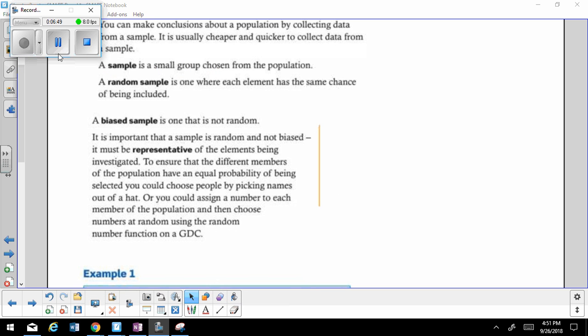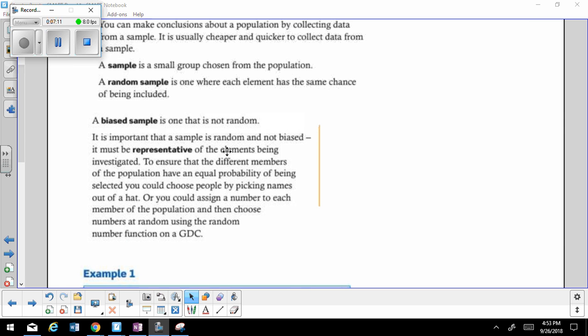Go ahead and read this part. So representative basically means that the sample you pick accurately reflects the big population. And the only way that happens is if it's random. You cannot have a biased sample. In your project, that's where a lot of people make mistakes.